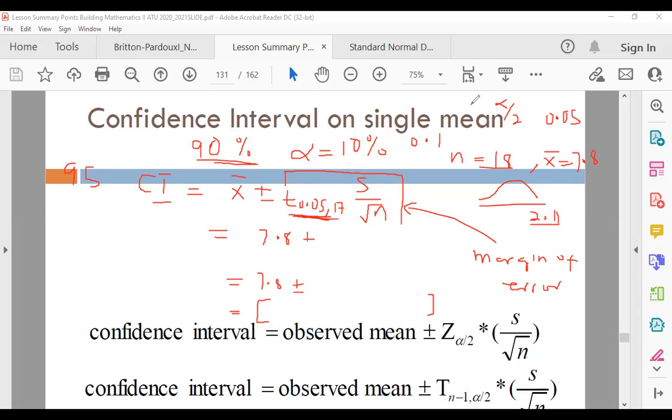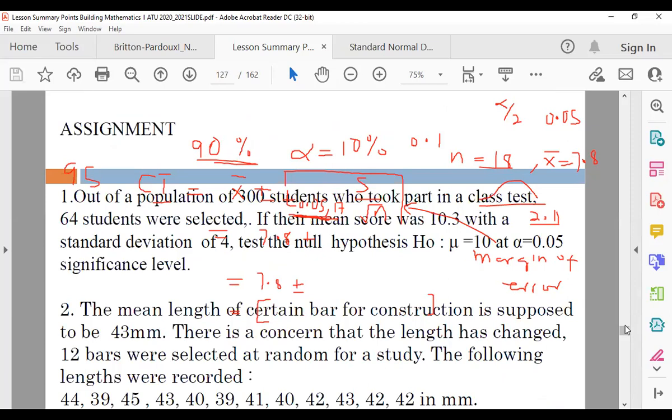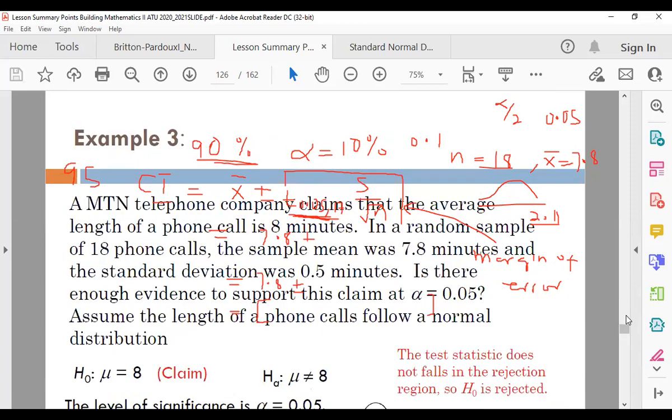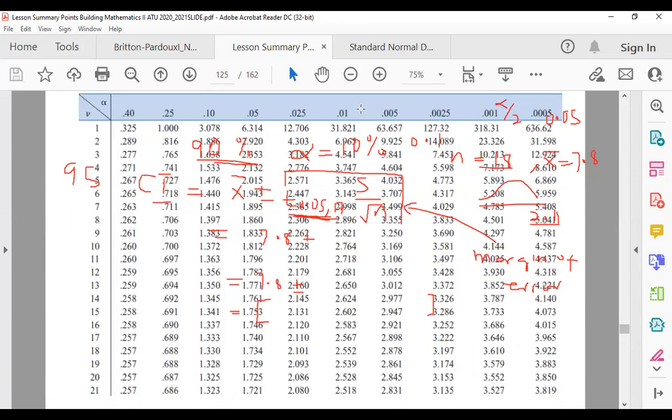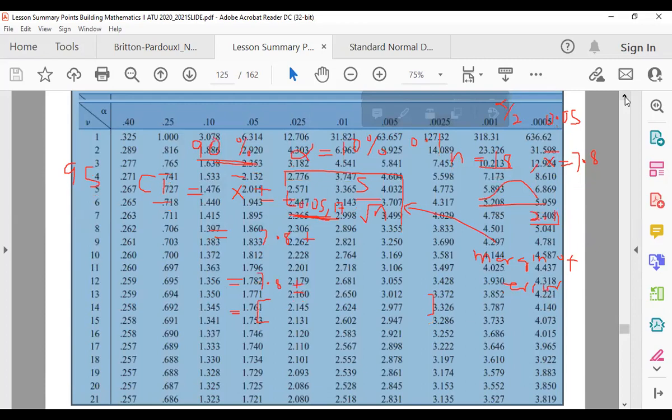So let's do that immediately. In the statistical table, we want t with 0.05 and 17 degrees of freedom. Let's scroll down a bit.